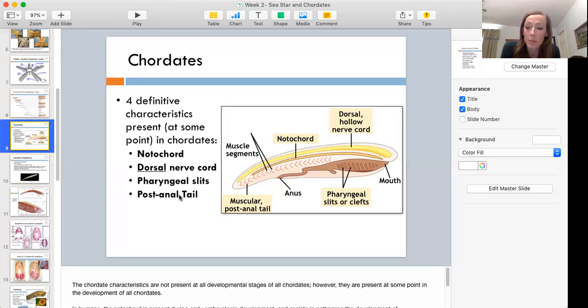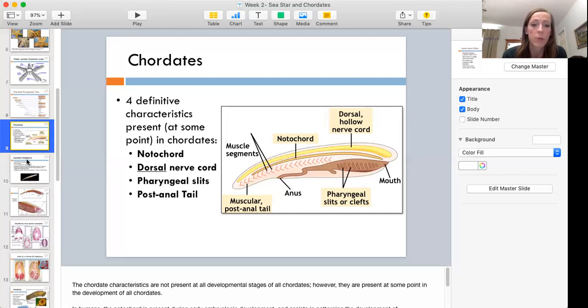Because during development, we developed with an extension behind our anus that would be very similar to other organisms' tails. So these are the 4 definitive characteristics of chordates. You should be able to recognize that at some point in their life all of the organisms that we will look at from here on had each of these 4 characteristics.